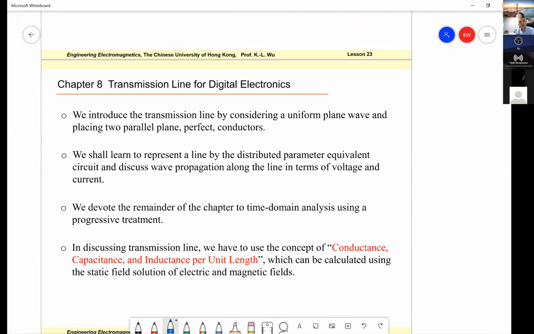We have two chapters dedicated to transmission line. I emphasize transmission line. Maybe this is the first time for you to hear this word. Transmission line is very different from what we call an electrical circuit. Microwave circuit or radio frequency circuit is very different from what we learned in basic circuit theory.